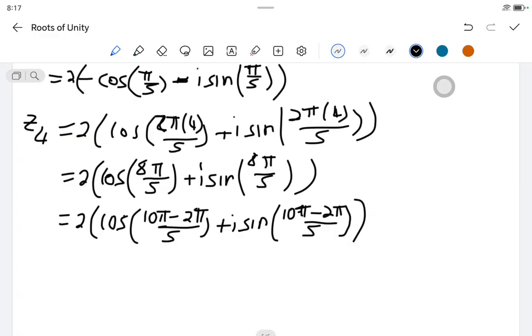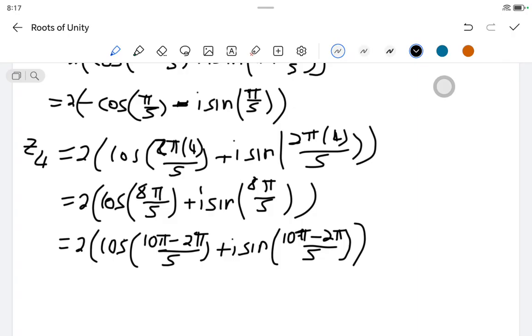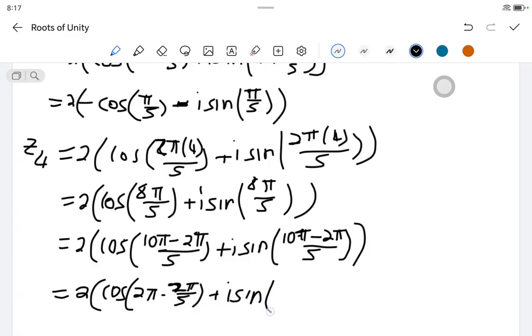So now, if we proceed, this would be cos of 2 pi minus 2 pi over 5 plus I sine of 2 pi minus 2 pi over 5. Then we check the quadrant.